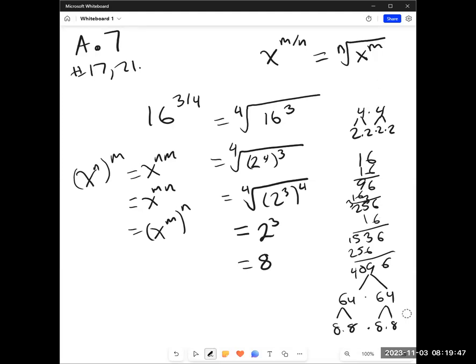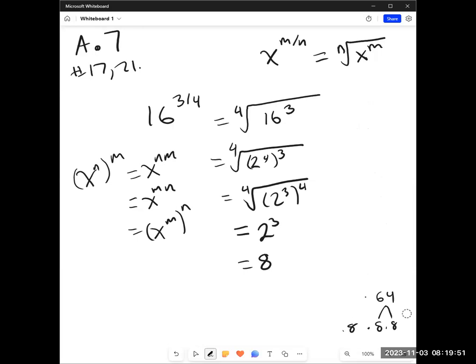Another thing that we can do is use the fact that this is a rational exponent to our advantage. The reason that we write it as a fraction is because I could have seen this as the 4th root of 2 to the 12th power.